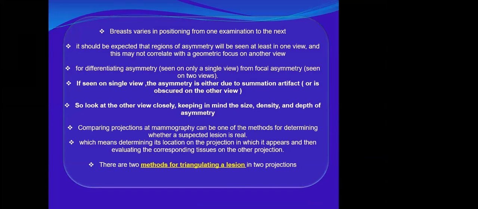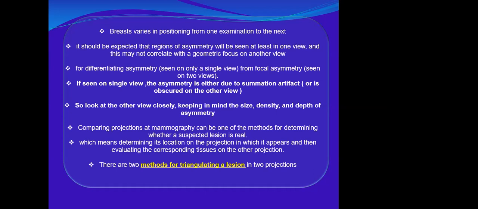As we mentioned, breast positioning varies from one examination to the next. That means we should expect that regions of asymmetry will be seen in at least one view, and this may not correlate with a geometric focus in the other view. Why?